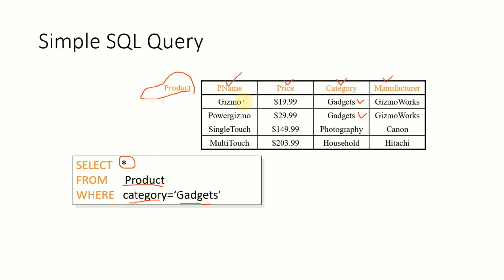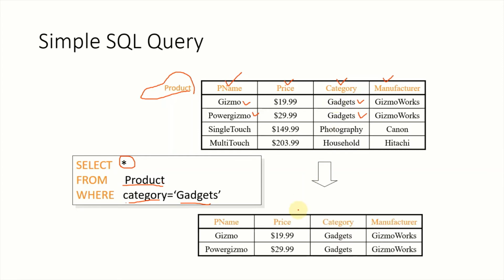So in the result we will have all these 4 attributes, and we will have only gizmo and power gizmo, because the category for gizmo and power gizmo is gadgets. So this would be the result for this query. This is the entire storage in the database, and when we execute this query, we will get this result.